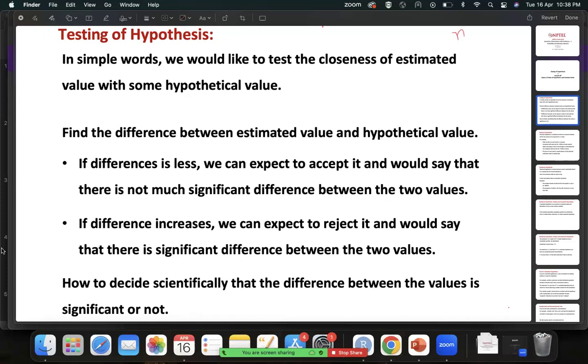In general, when you do research, there's something that you expect. For example, you're testing a drug and you want the drug to have a particular effect on a disease or any condition, any scenario. That is called your alternate hypothesis.